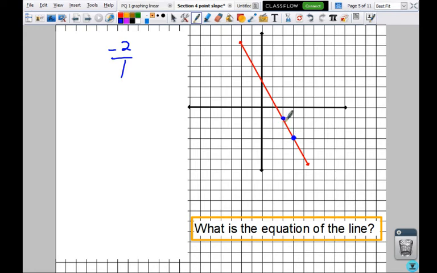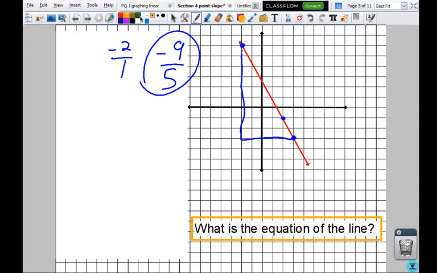But I would say the more accurate is this one and this one, which is negative, let's see, 1, 2, -9/5. So I think that is a better slope, but I can see why you would get -2/1, because that one does look like it's right on, but it's not. I would say it's almost barely off. So I'm going to use this slope. If you use -2/1, I won't count you wrong.